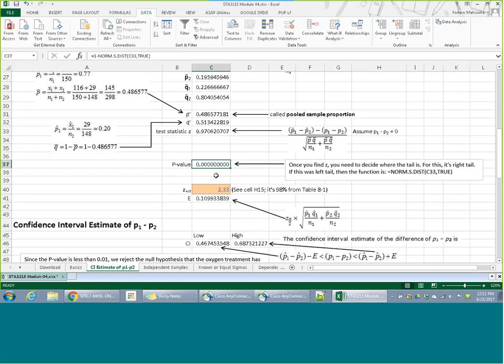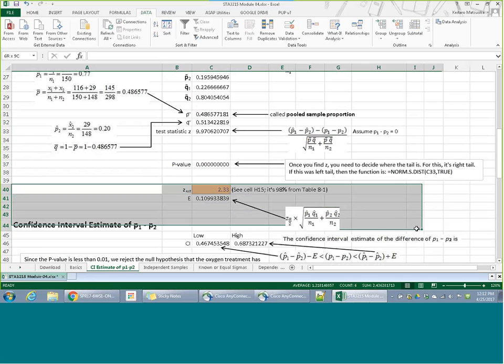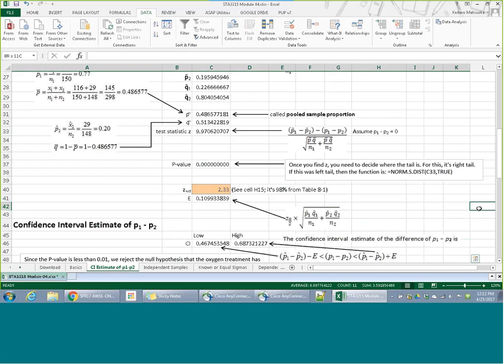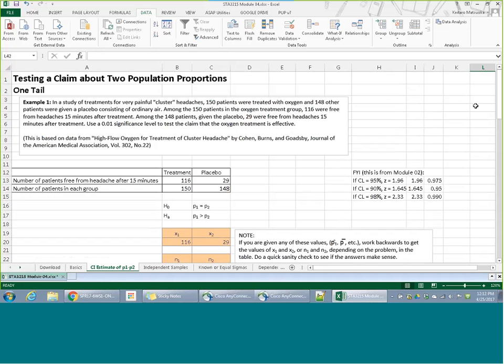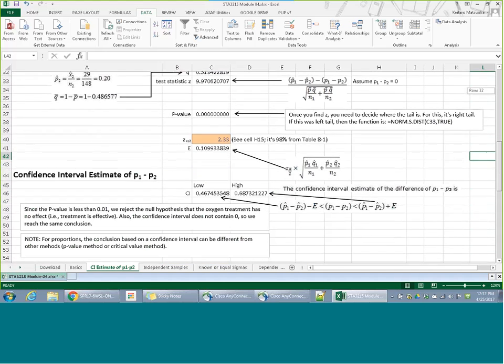The other method you learned last week was the confidence interval method. So this section down here will do the confidence interval method. Okay. Here's where it gets confusing. It says 0.01, so you would think the confidence level will be 99% for the confidence interval method.